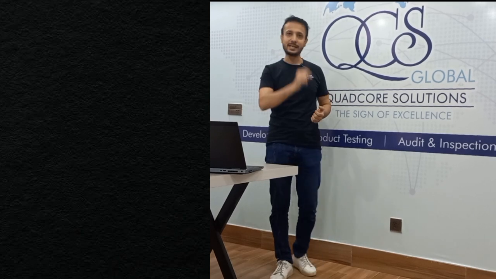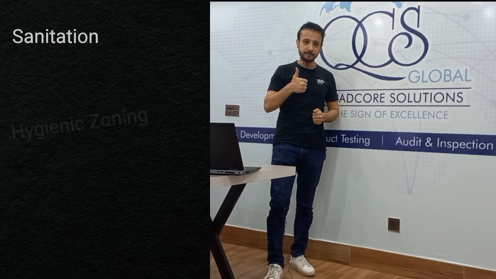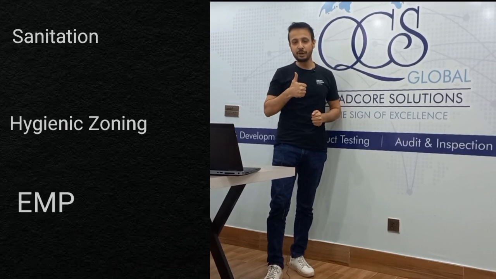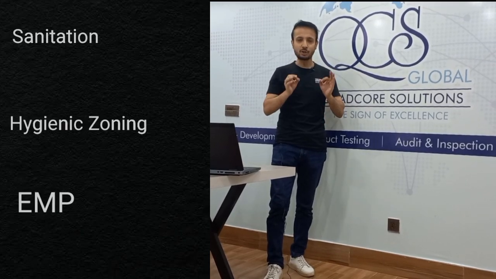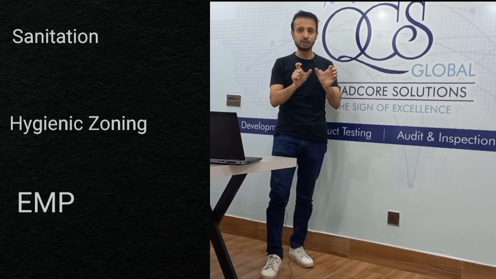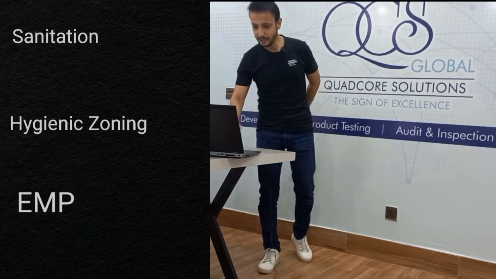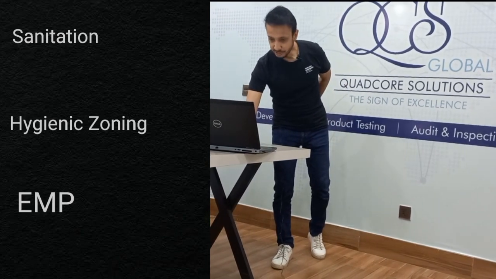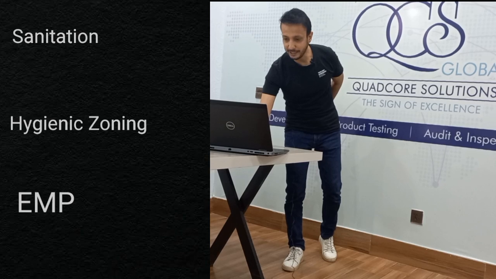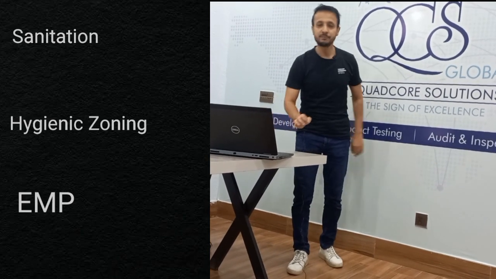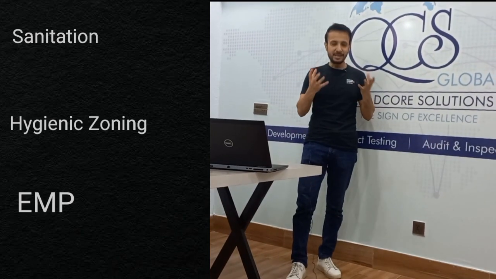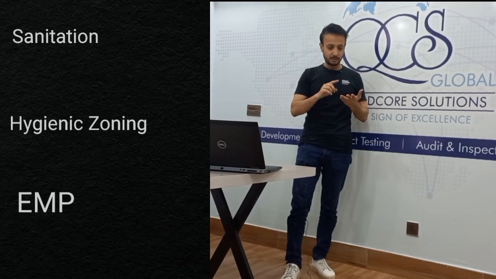So just in a few seconds, understand the definition of sanitation, zoning and EMP, environmental monitoring program, to fully understand the concept and linkage of these 3 things: EMP, zoning and sanitation. Sanitation is a process of cleaning and sanitizing and establishes the basic hygiene practices.